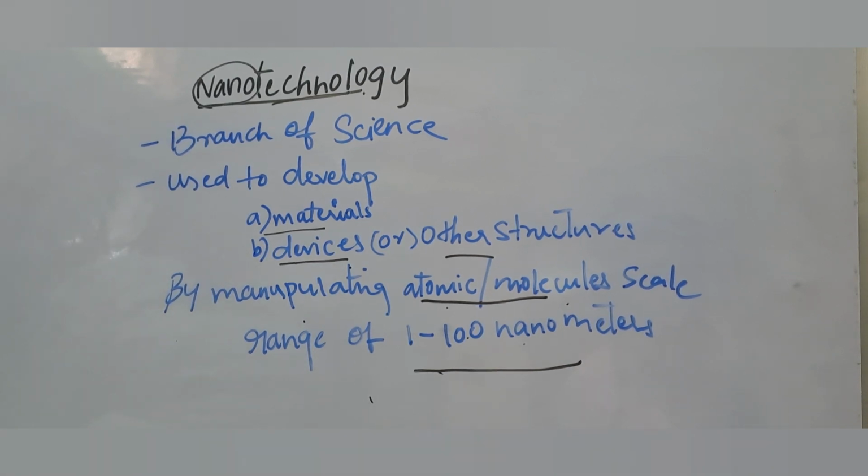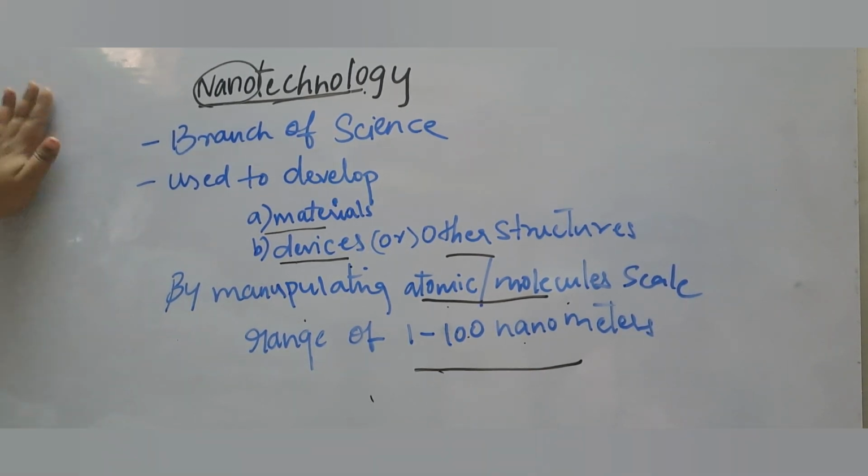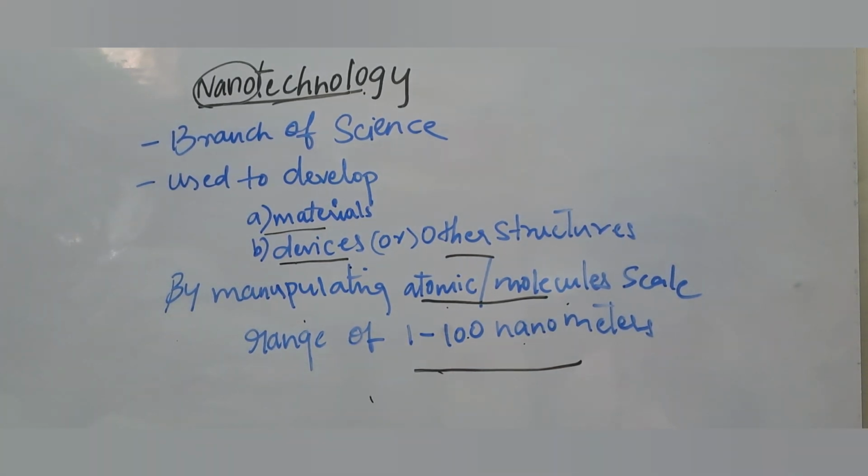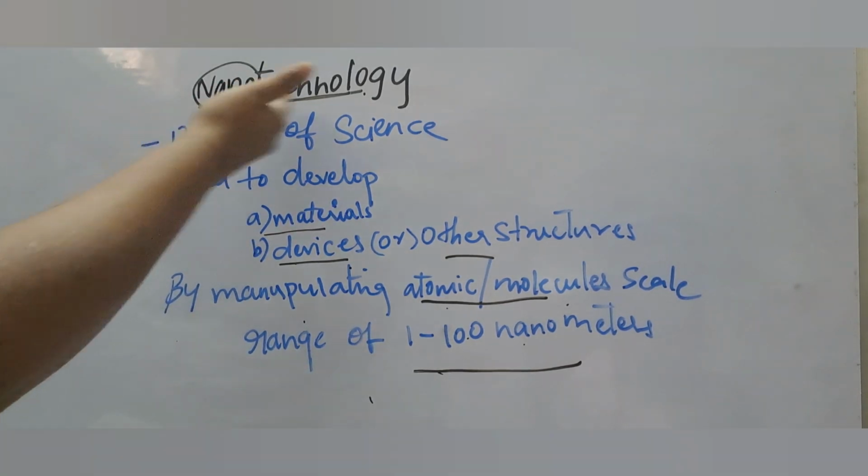So first we will see the scope and the potential uses. Generally, scope and potential uses come under one category itself. The potential use means in which type of industries nanotechnology is used, and the scope means how those industries are using this technology.